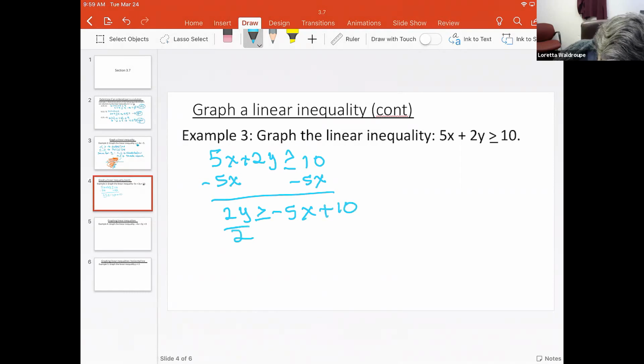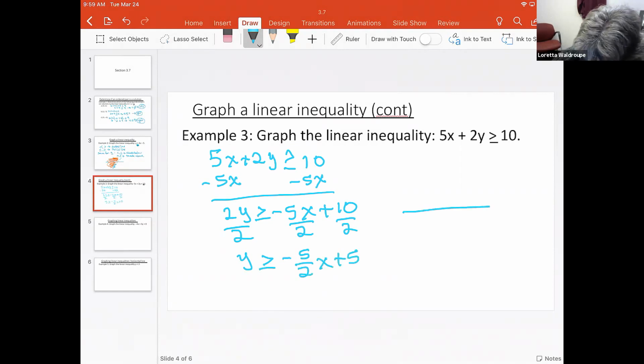And then divide everything by 2. So now to graph it, 5 is my y-intercept. And since my slope is -5/2, I go down 5 over 2.